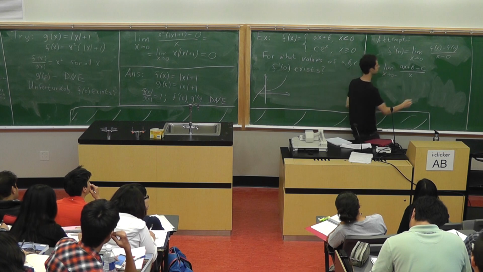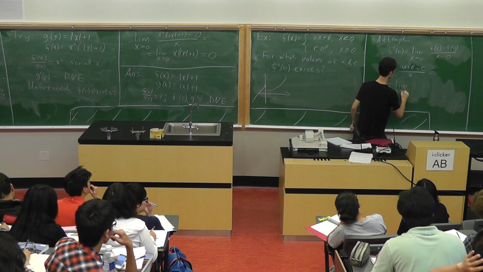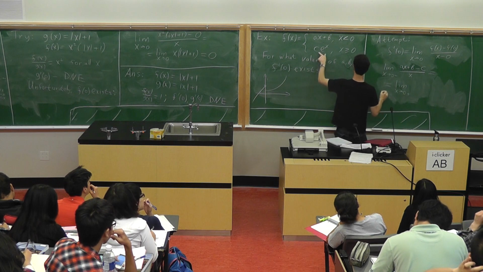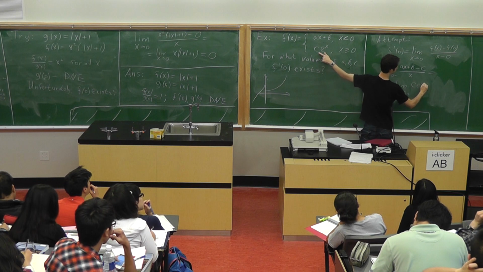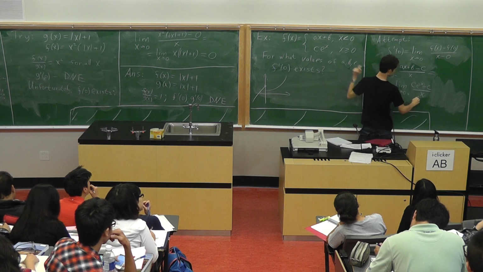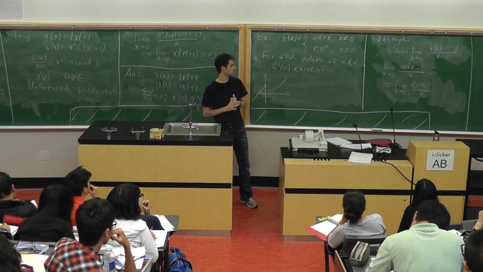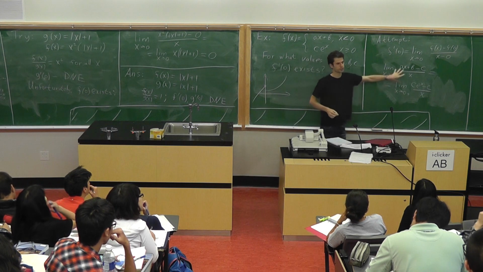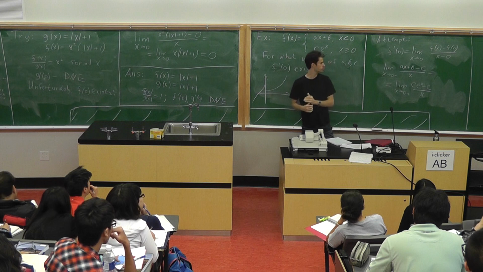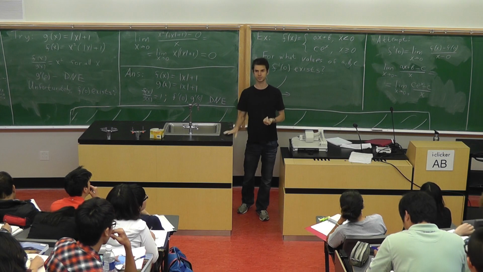This should exist, and it must be equal to the limit from the right. Once again, c e to the power of x minus c divided by x. Well, and then you'll have to make some conclusions about the values of a, b, c, and the values of these limits.